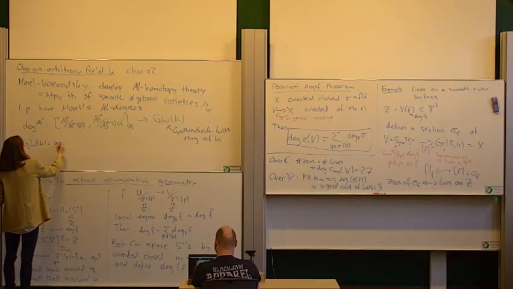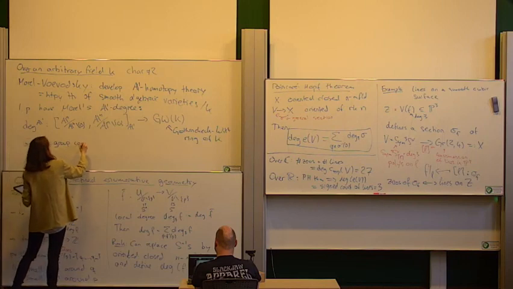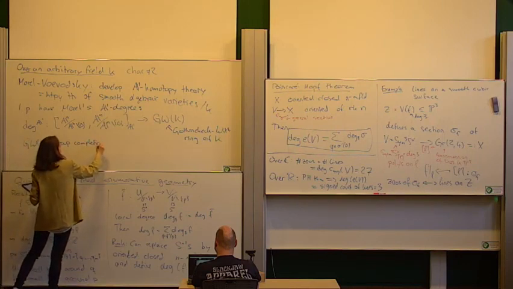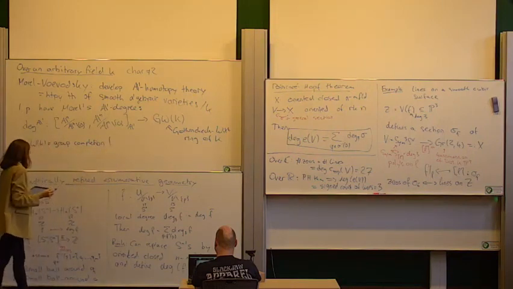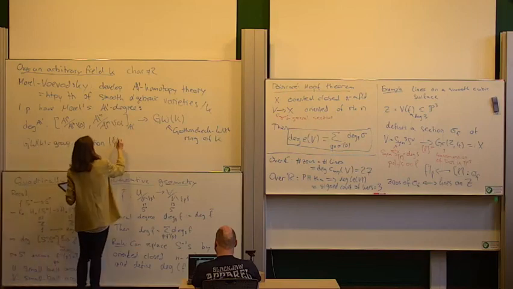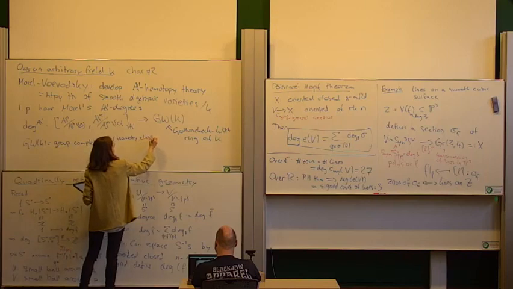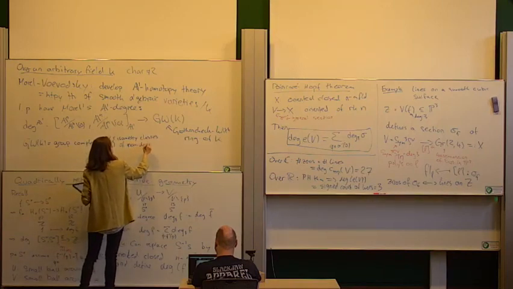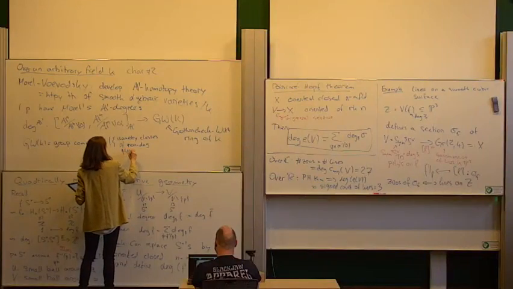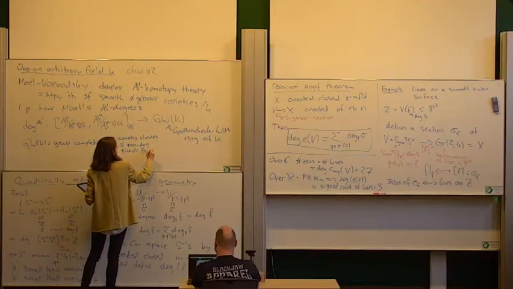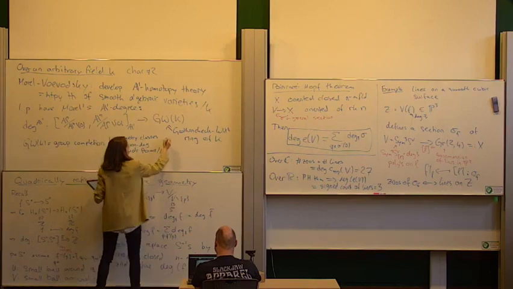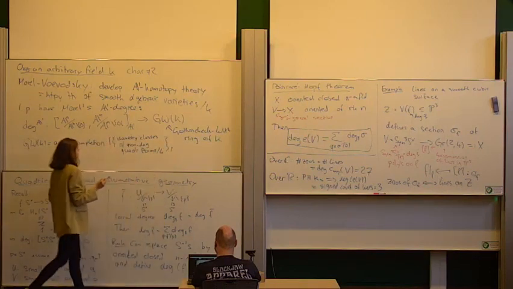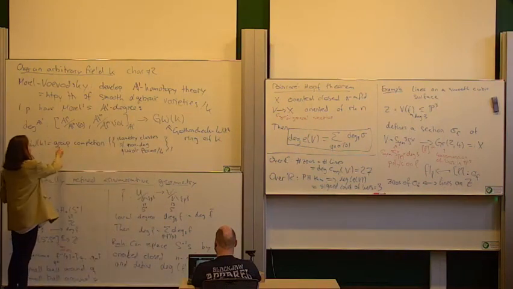Okay. So what is this? This is the group completion of the following. As a set, I take, as I already said, the isometry classes of non-degenerate quadratic forms over K. So this is this as a set, but I want a group completion.